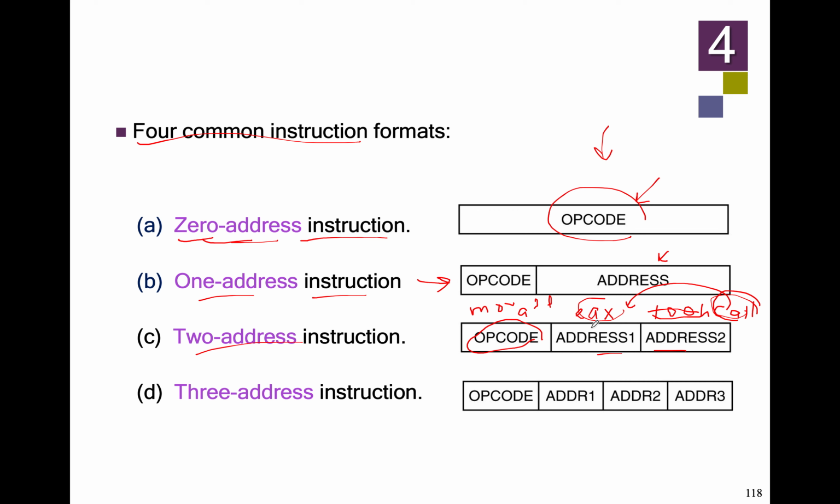Maybe it is just a value, or maybe it is an address, which you use like this. Let's say at 4000.